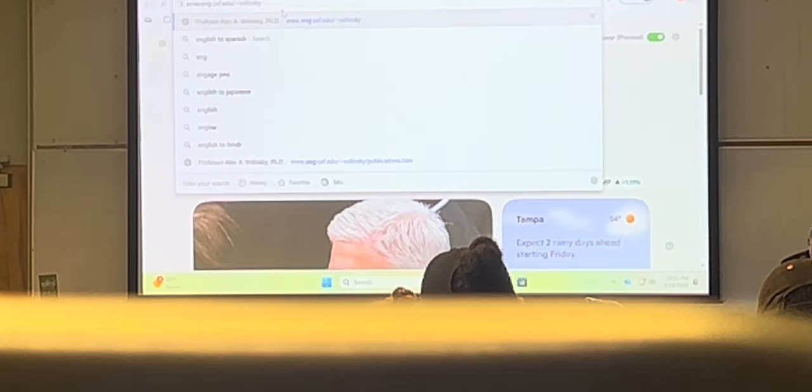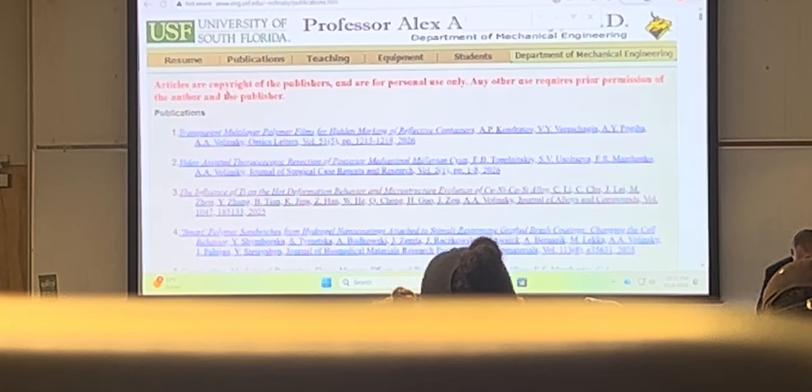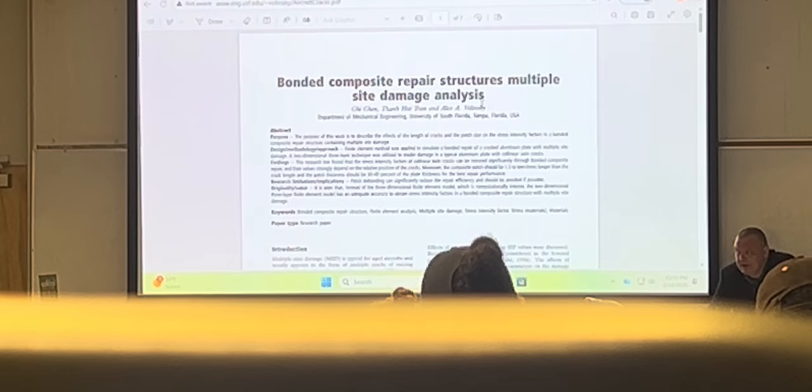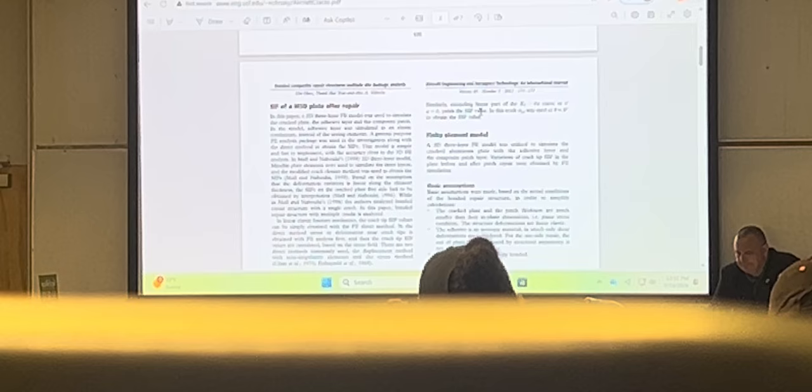I can tell you that the best paper is a published paper. This paper is called Bonded Composite Repair Structure Multiple Side Damage Analysis. Like if you have a fuselage of a plane that has cracks, it can be repaired.